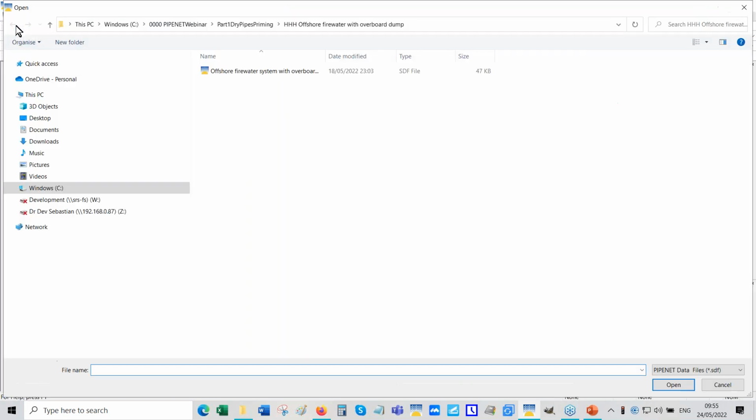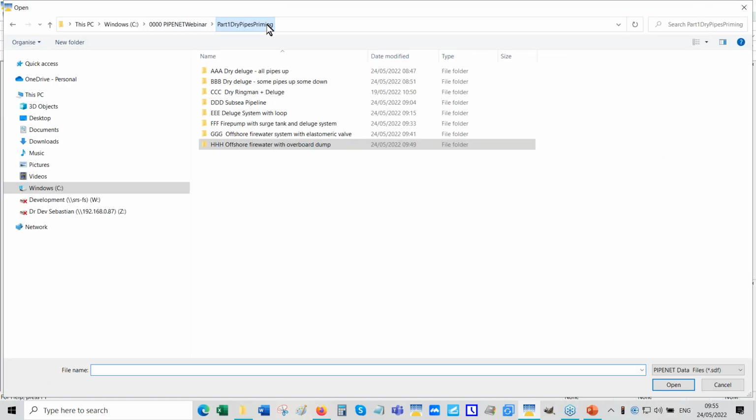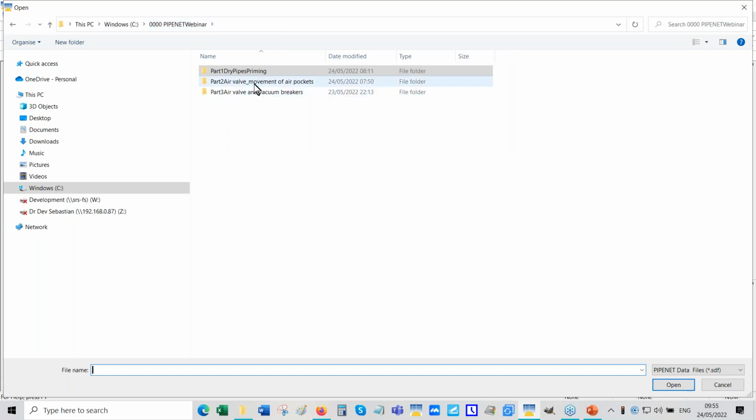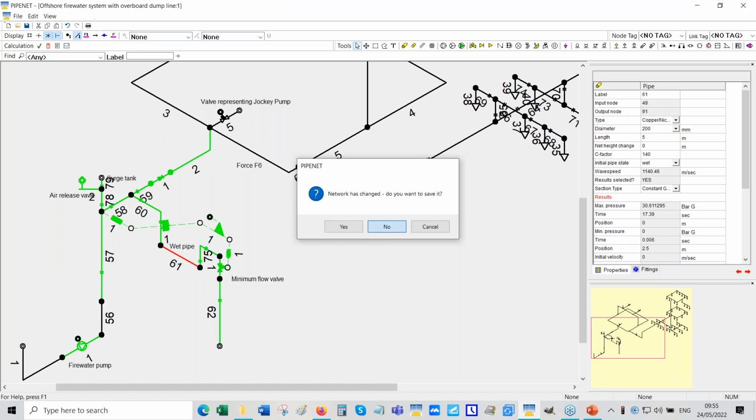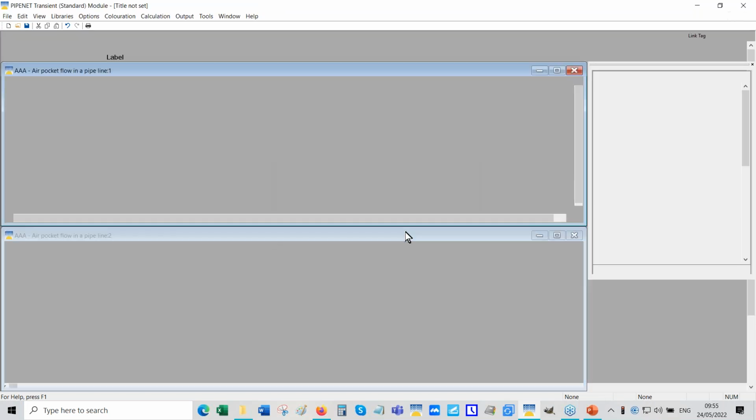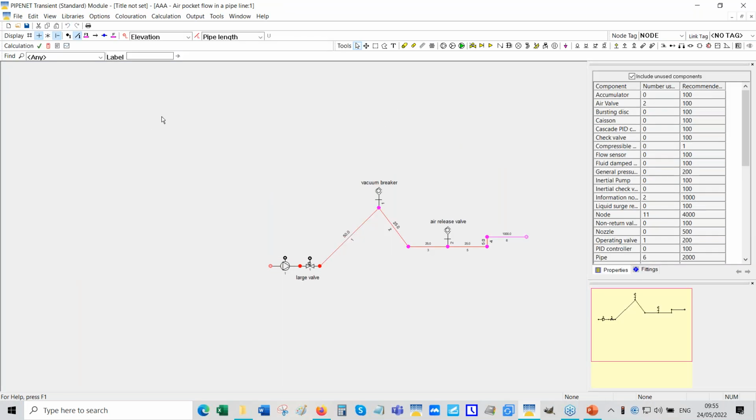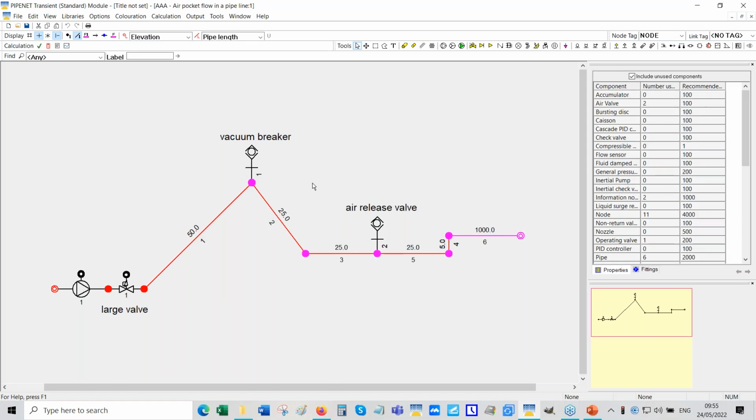Now go on to some other aspects. We already saw in the previous example how the air pocket moves and how the air column moves. This is a simpler model, but it shows something even more interesting, and we'll show you what happens.